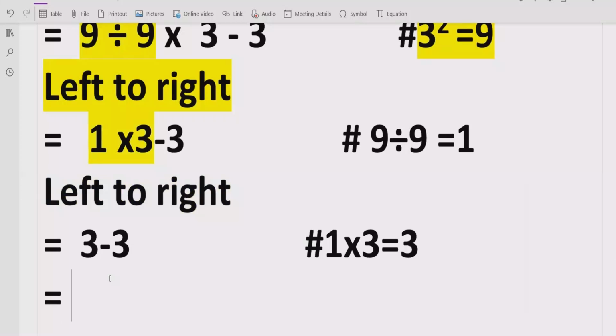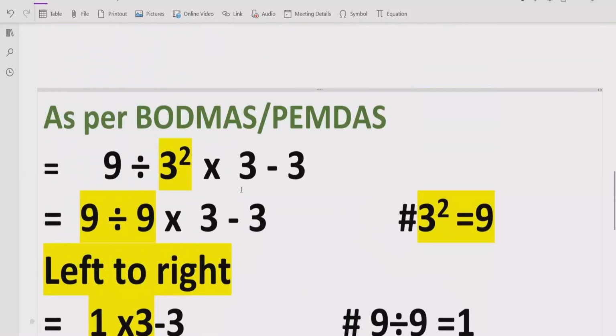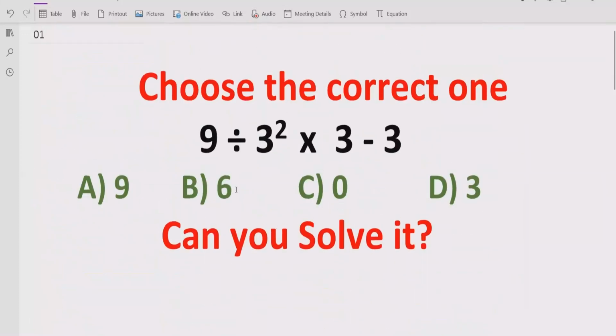When we subtract both terms, we get the answer 0. So the answer of the given expression is 0. I hope you understand how you can solve this easy expression using PEMDAS and BODMAS rule and get the correct result. If you see the answer list, answer C is the correct answer.